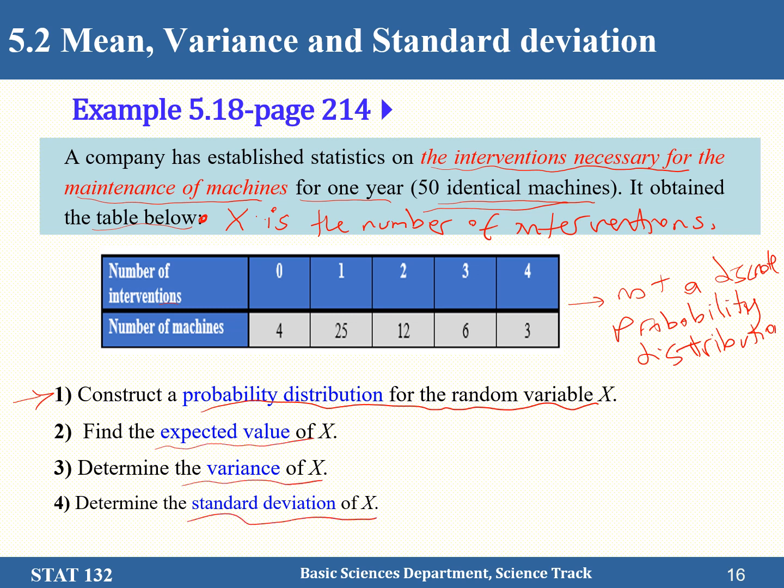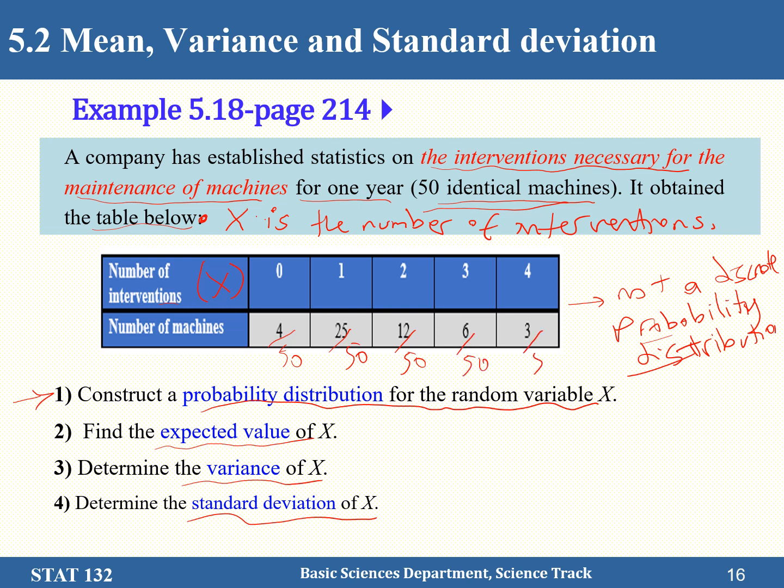So the first thing we have to do is let's find the probabilities of each value of the variable. So this will be x. Now, how can we get the probability for 0? So how many machines got 0 intervention? 4. Out of what? 50. So you have to divide each with the total.